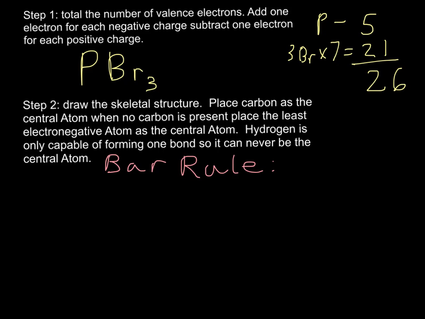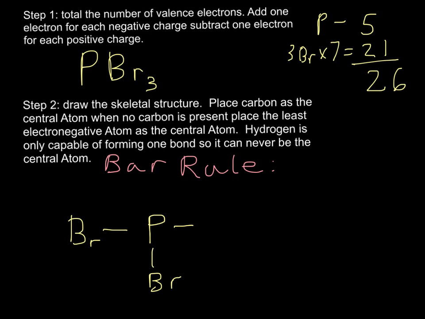But at any rate, we have 1 girl in the bar and we have 3 guys. So they're all going to crowd around and pay attention to her. So we have just 1 phosphorus and 3 bromines. So all our bromines are going to crowd around and pay attention to our phosphorus. So in drawing our Lewis structure, phosphorus is not only the least electronegative, but it's the only girl in the bar.